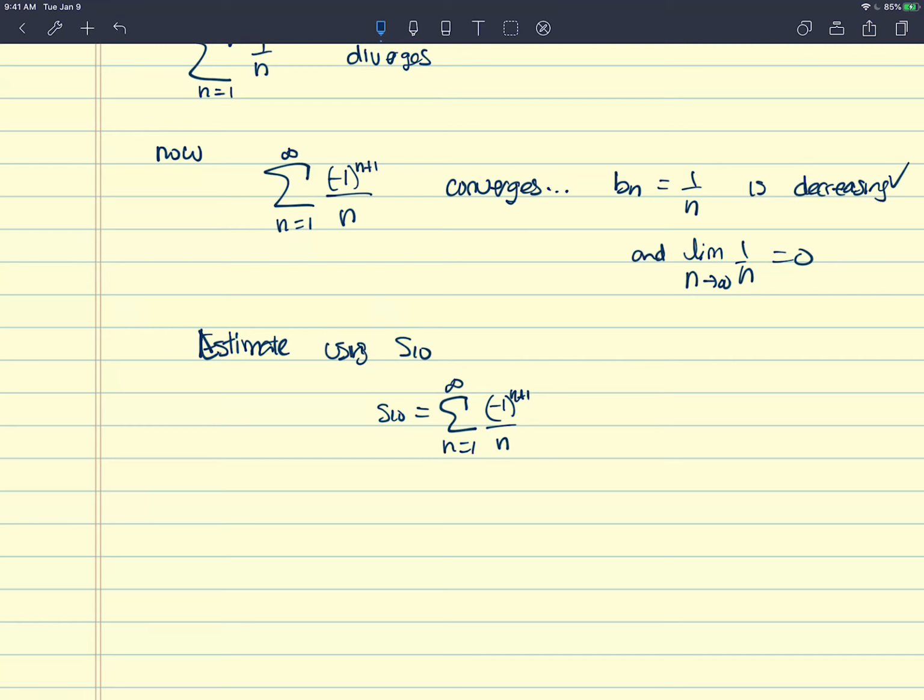Sorry, I said S10 and I put infinity. I'm stopping at 10. Well, you know what that means. This is going to be 1 minus a half plus a third minus a fourth and so on until the positive ninth and the negative 10th.